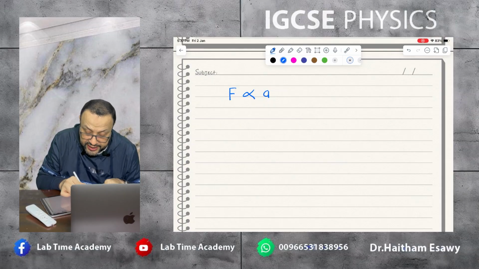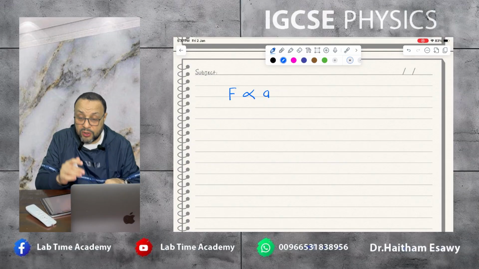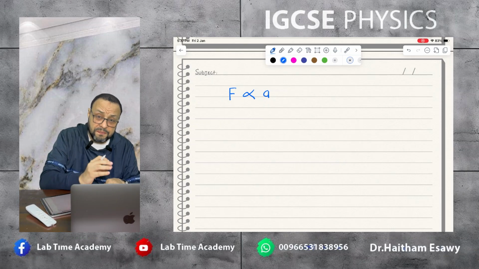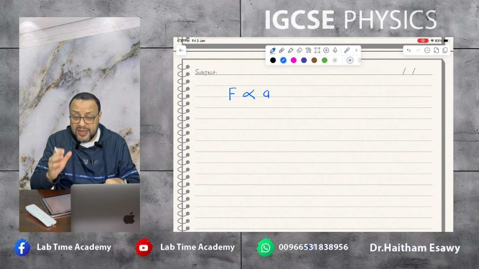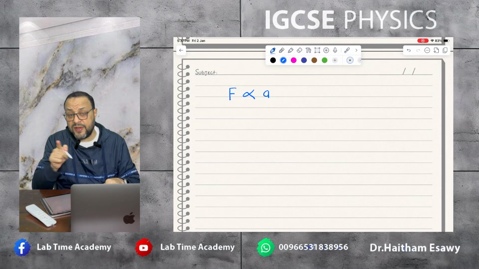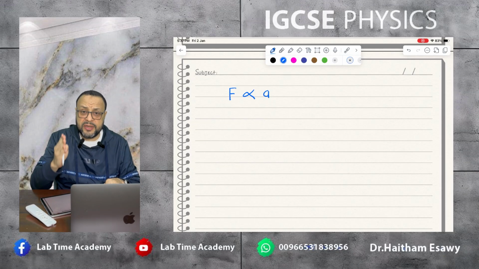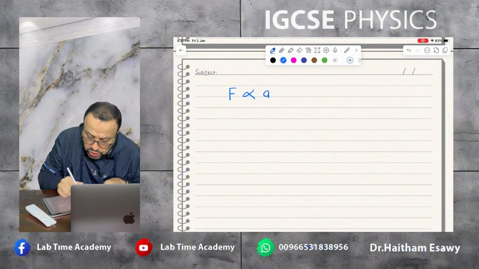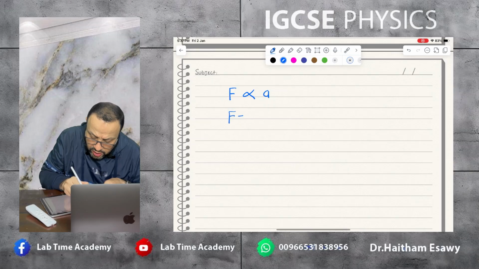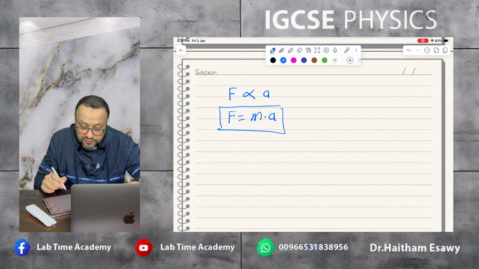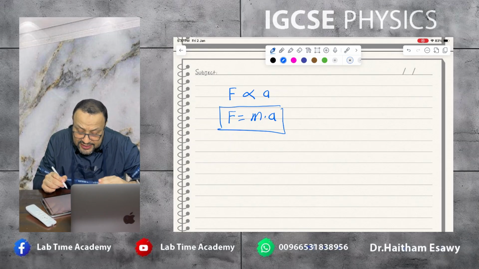So the acceleration of the object is directly proportional to the force, and its direction will be in the same direction as the force. So F is directly proportional to a, so F equals mass times acceleration. That will be the mathematical formula for Newton's second law.